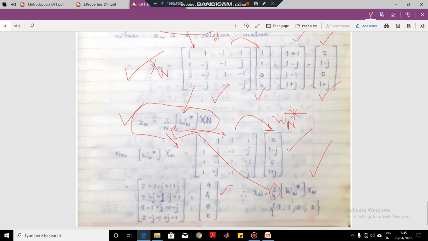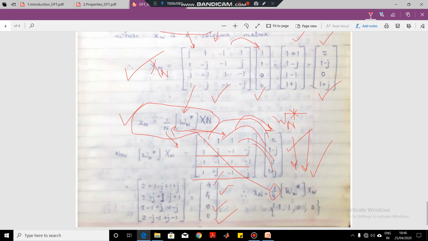Here it is 2 into 1 plus 1 into this, then 1 into 0 plus 1 into this. When you add all these values, you get the first element. Similarly, you multiply the second row by this entire column to get the second value, the third row to get the third value, and the fourth row to get the fourth element.